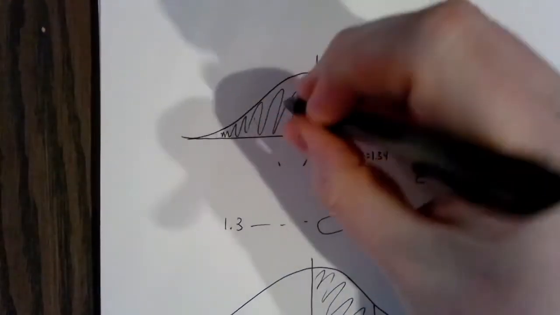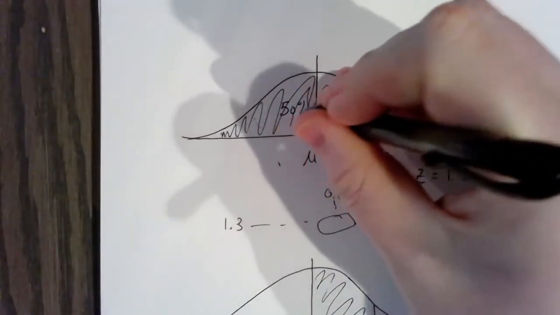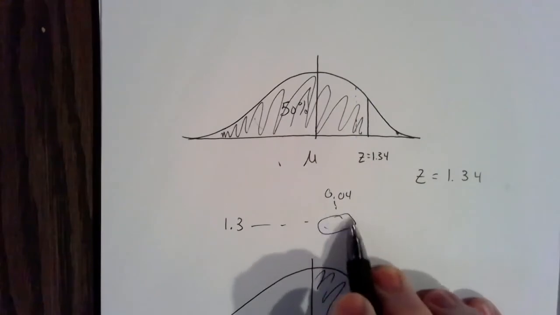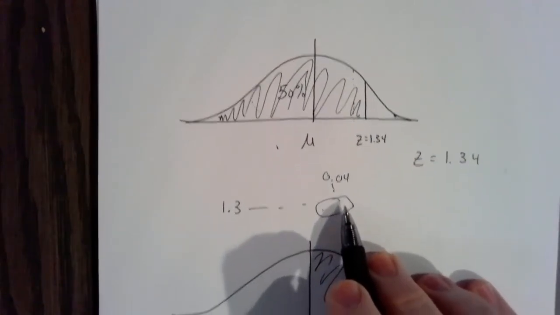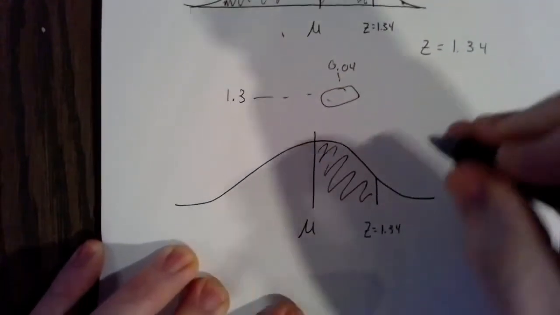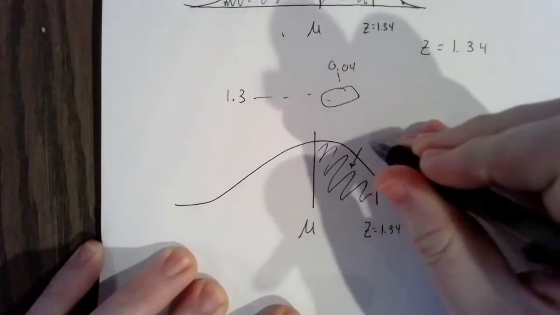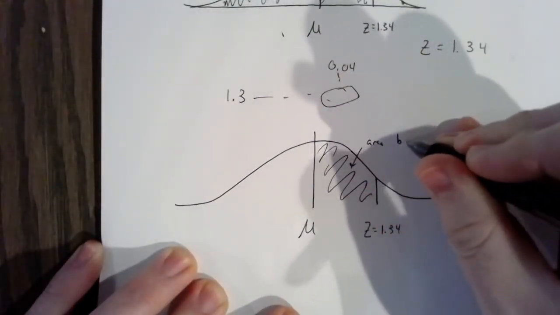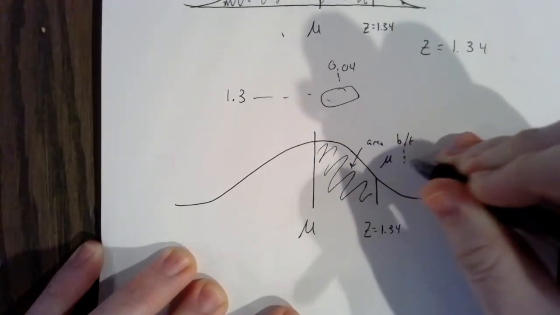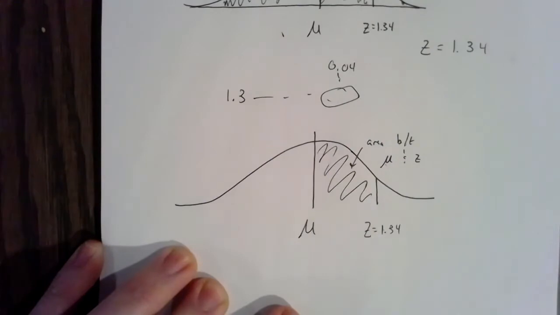Then I know the part to the left of mu is 50%. So whatever number I look up, I turn it into a percent and subtract the 50%, and this tells me the area between mu and z.